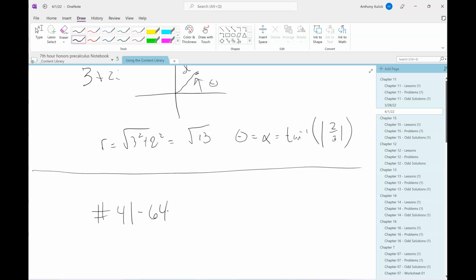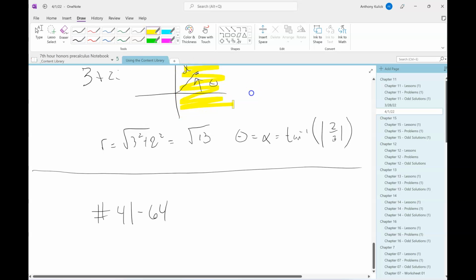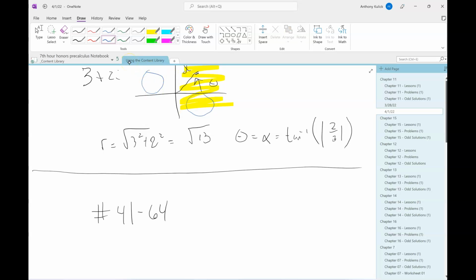What if you don't do the absolute value and you don't do any other angle stuff? Yes, sometimes. So remember, tan inverse is only going to give you an answer in these two quadrants. So if you have something over here, you're going to have to do some kind of adjustment to get it over there. If you get a negative answer, you're going to be in one of these two quadrants, and then you have to decide whether you need to be adding 180 or 360.